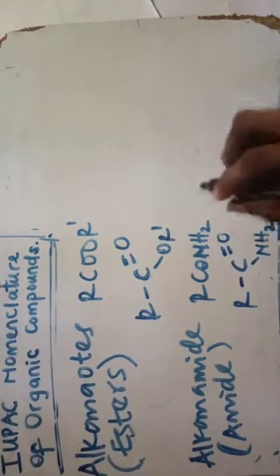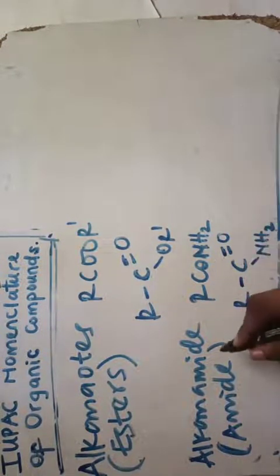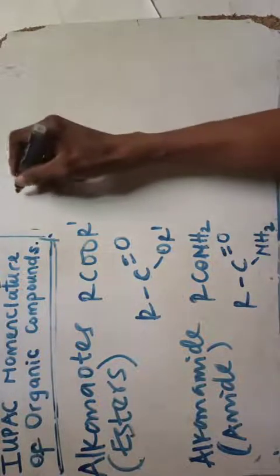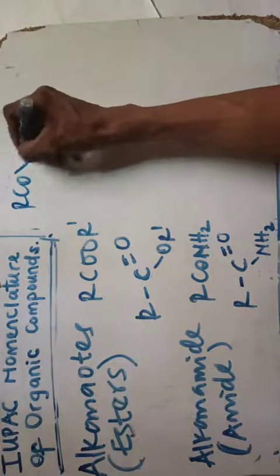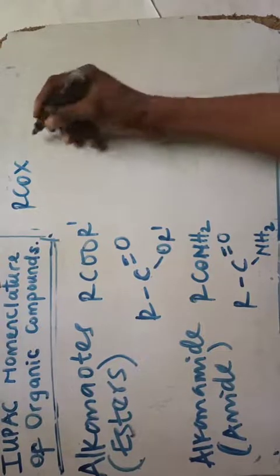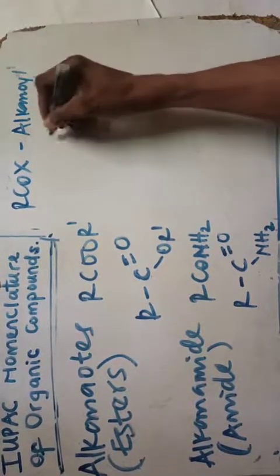So alkanamide, you have this, and the functional group present is amide. And you have your alkanoyl halide, RCOX, which is also alkanoyl halide.